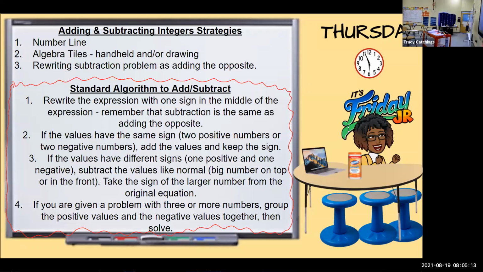Good morning, humans. You should have your paper and pencil. Good morning, Terrell. Right now, students are copying these 4 steps into your notes. So you should have your math notebook with you, and you can go ahead and get these 4 steps titled Standard Algorithm to Add and Subtract.